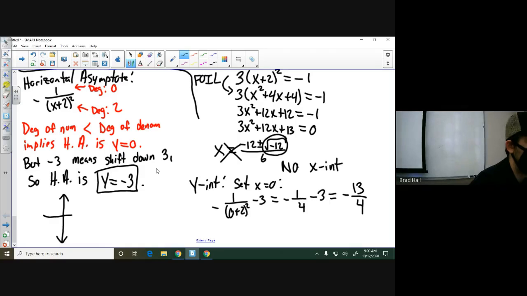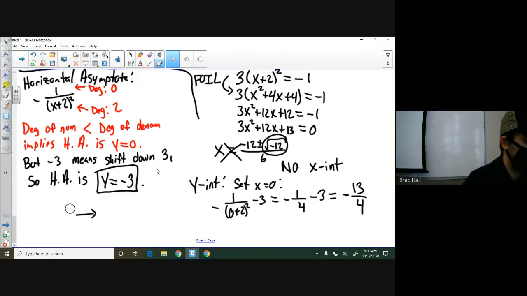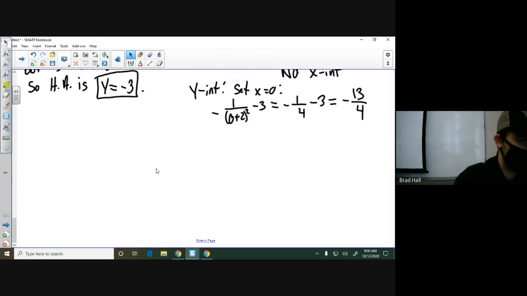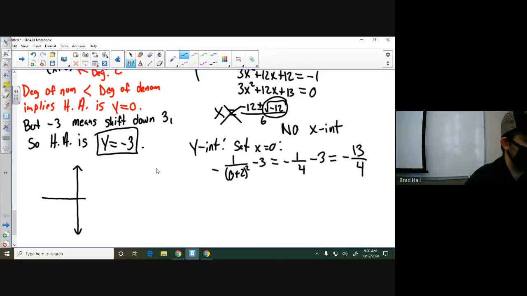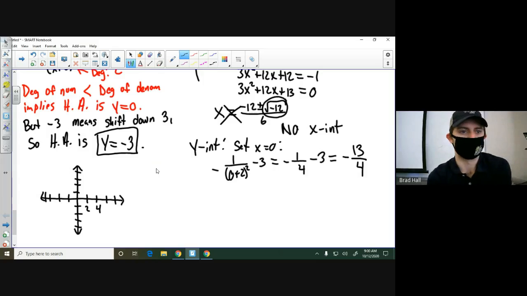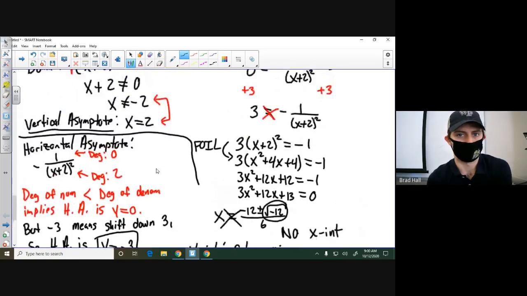So if we start to think about the graph of this, again, I'll go by increments of 2, 2, 4. So we found a vertical asymptote of 2.